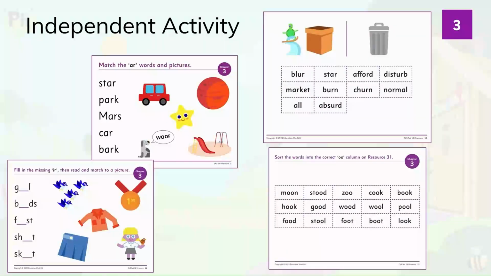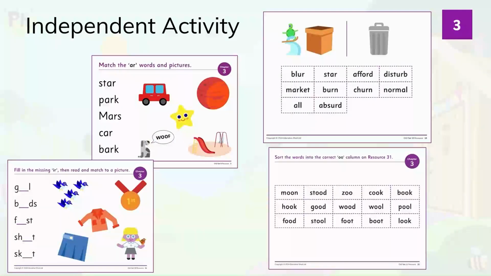Sometimes the independent activities are matching the words to the correct picture, so children need to decode the word accurately to be able to do that. These are some examples from chapter 3. Sometimes we have trash or box. Trash is where we're putting the words that don't have the focus grapheme in it, or in the box if it does.